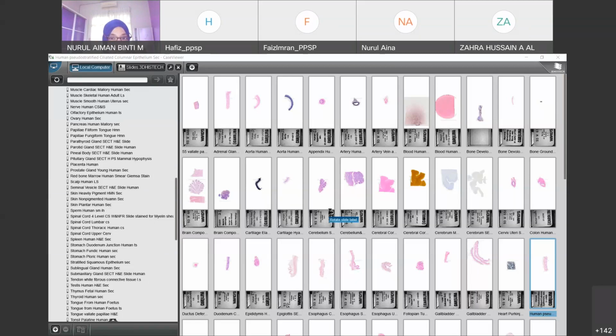Wait ah. There's a lot of simple columnar.